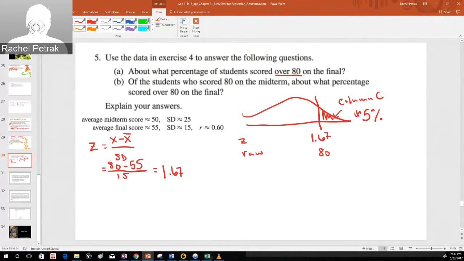So now we want to know how many standard deviations above the mean is, of the students who scored 80 on the midterm. So we'll get a new average for the students who scored above 80 on the midterm.